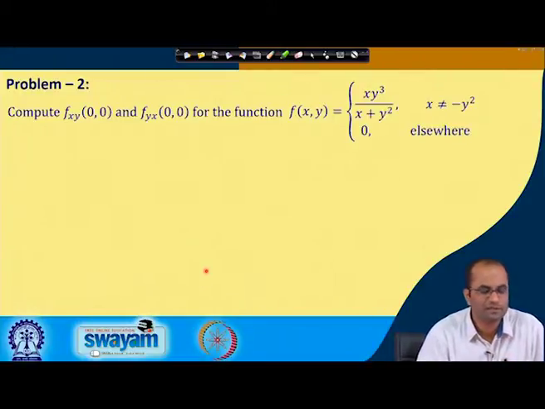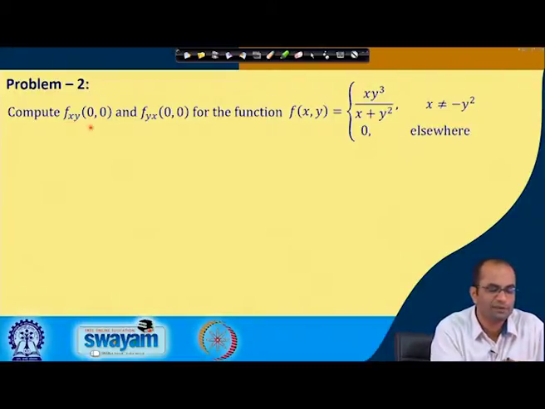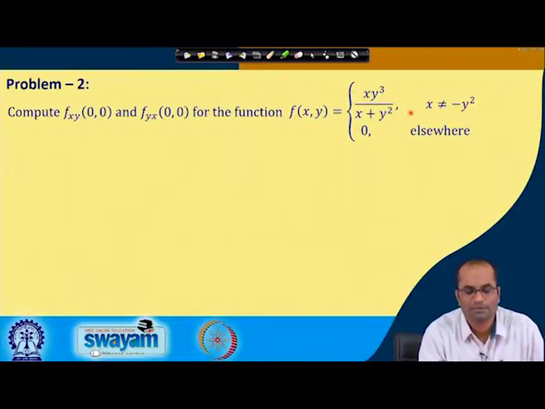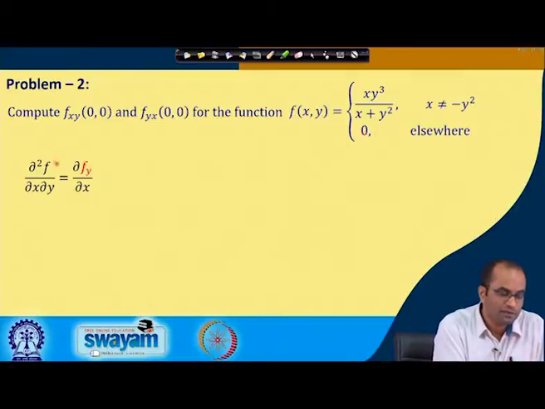So, let us see this example. We will compute first the f_xy and f_yx for this problem, xy cube over x plus y square, when (x, y) is not equal to (0, 0), because otherwise this will not be defined here, and elsewhere the value is 0. So, we compute the second order partial derivative with respect to x of the function f_y.